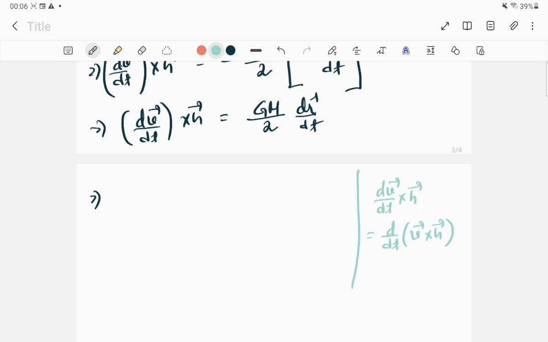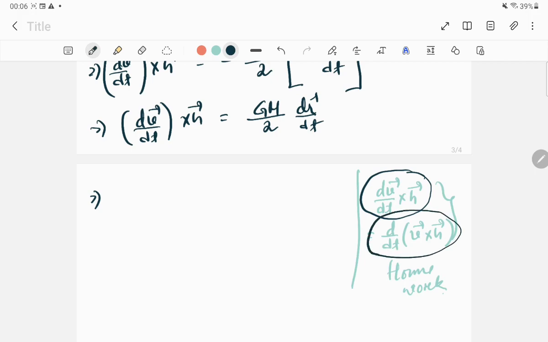I will leave it for you to prove. In exam we are not supposed to show the steps, but I would suggest all of you to do it as your homework. How can we write dv dt cross h vector to be equal to d dt of v cross h vector? How is this transition possible? You will do it at home as your homework. So I will be using it directly.